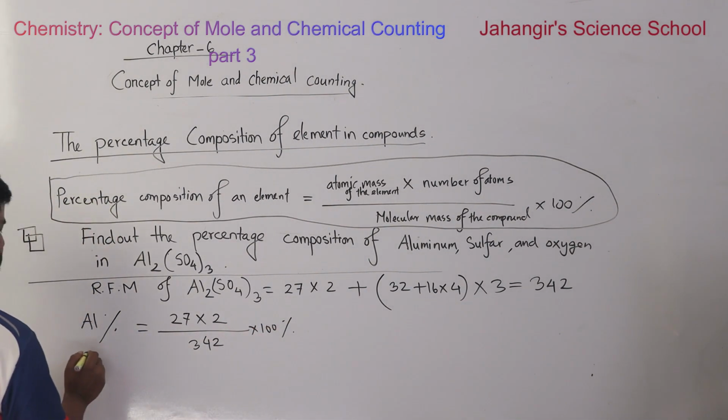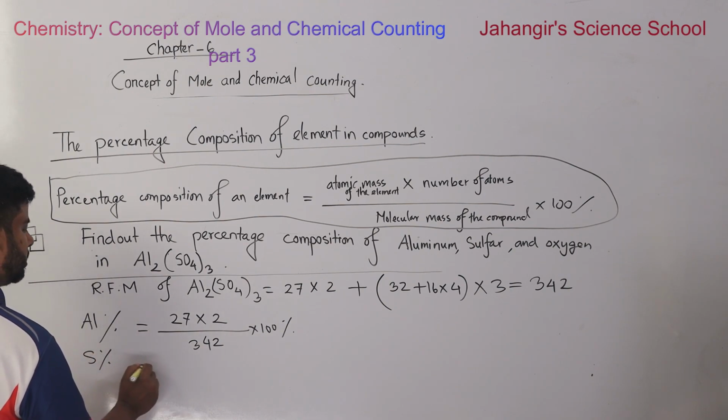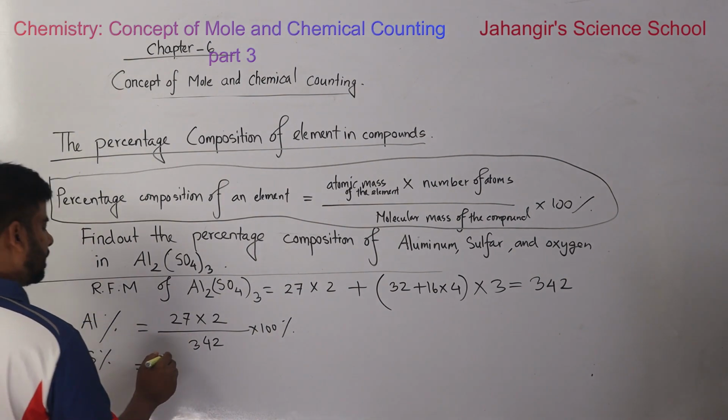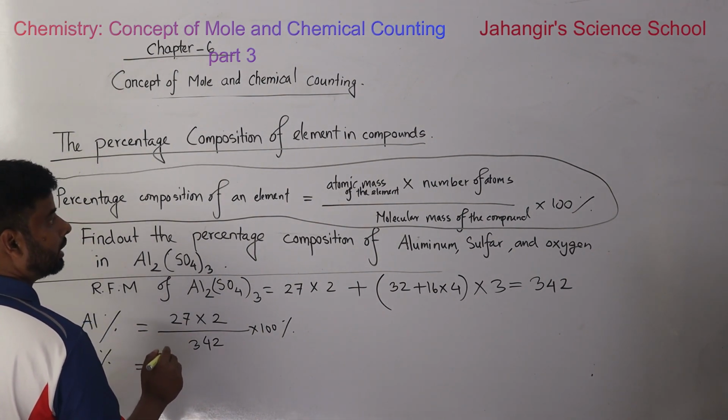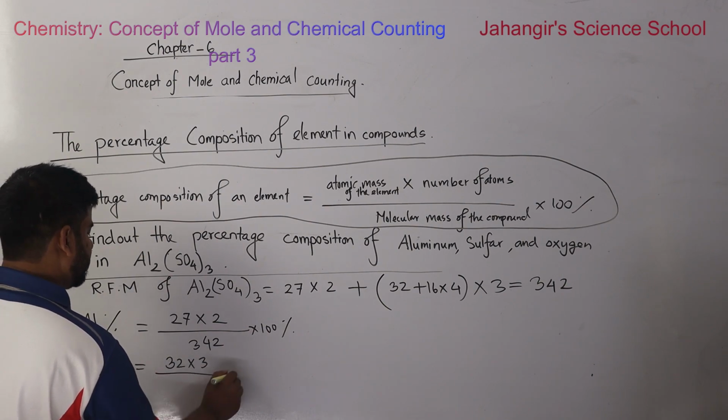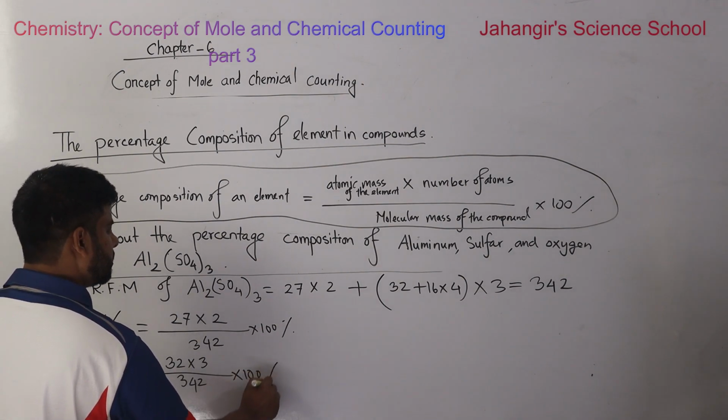Another is sulfur. There are 3 sulfur, and the atomic mass of sulfur is 32. So 32 times 3 divided by 342, times 100%.